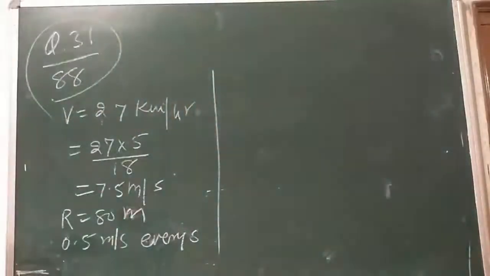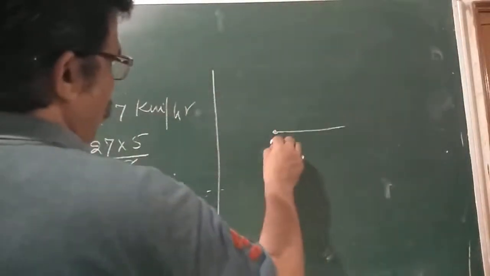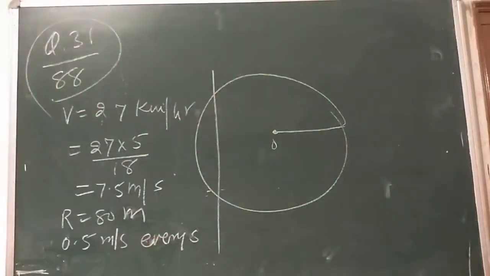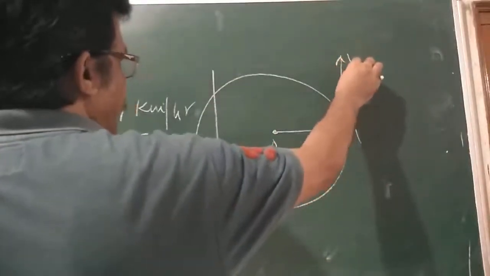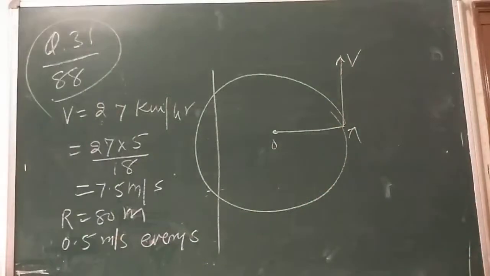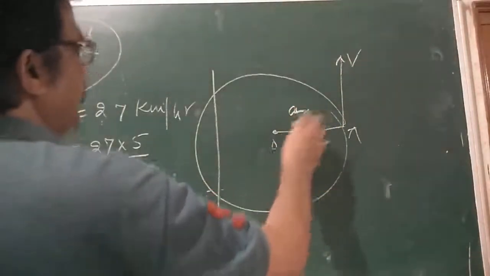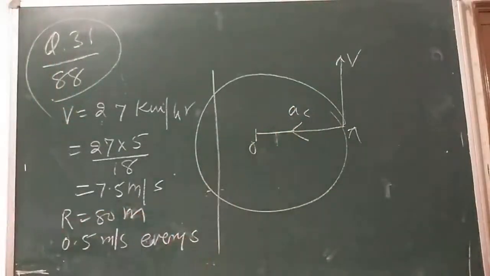So what we have to do? Here, dear children, it is a center O. It is moving like this. This is a point A. Here is the velocity v. The centripetal acceleration is AC. Here it is our center.